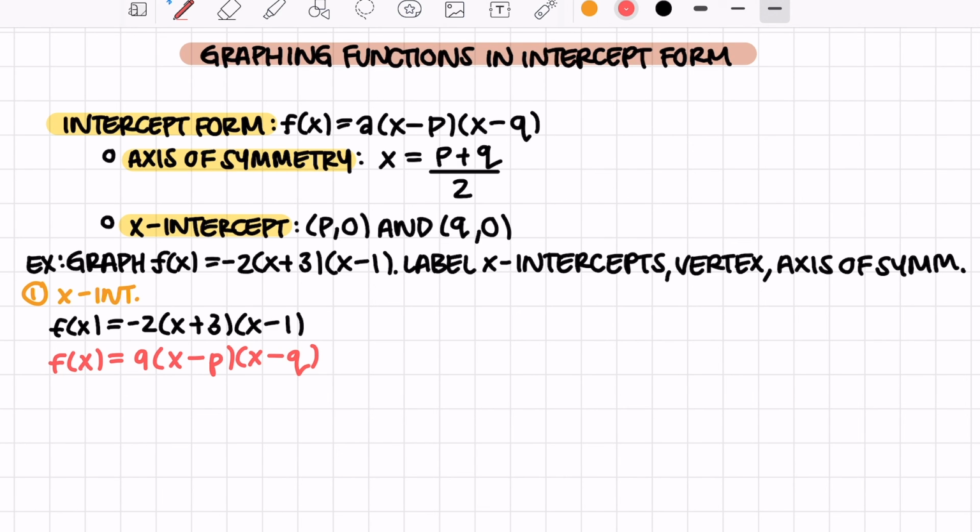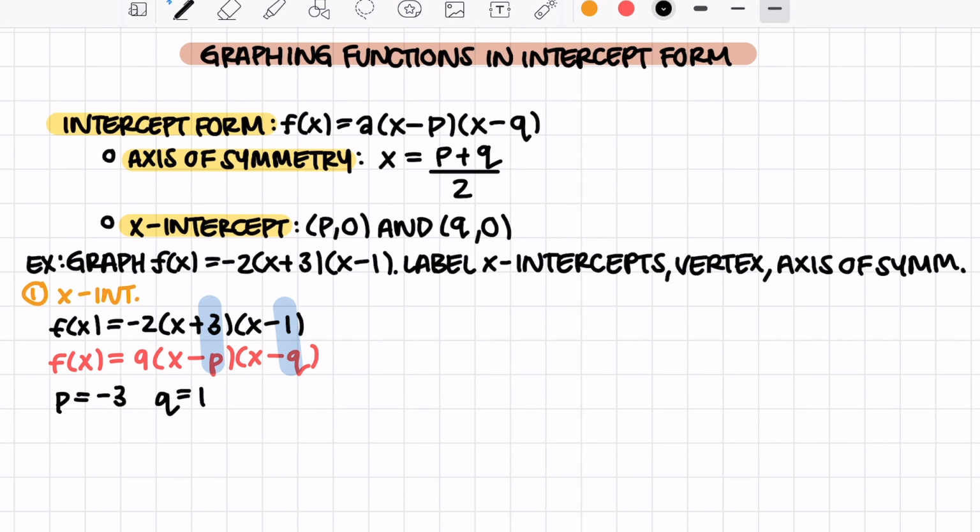If I find out what my p value and my q value are, automatically I know what my x-intercepts are. So just like before, if you see that the number is inside of the parentheses, we still need to change it to the opposite value. So if p is positive 3, I need to change it to -3 instead. Same thing for q. It says -1, so I have to change it to +1 instead.